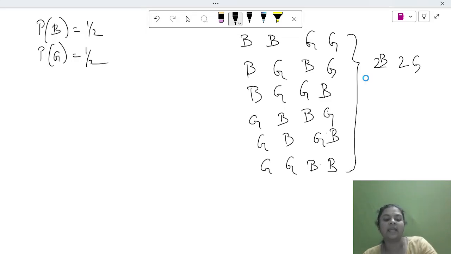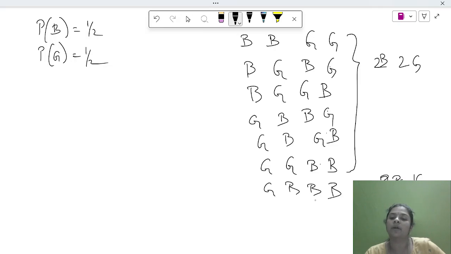But they are saying I want at least one girl, which means I can have either one girl or two girls. So if I put two boys and two girls, what is the probability of getting three boys and one girl? You can write girl, boy, boy, boy. Boy, girl, boy, boy.